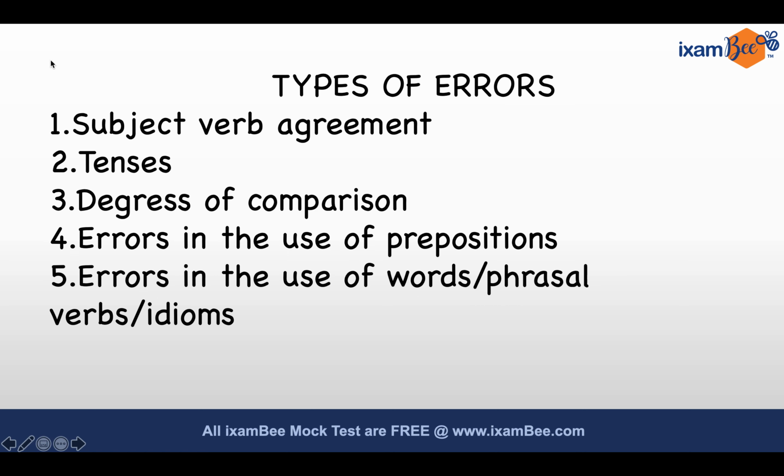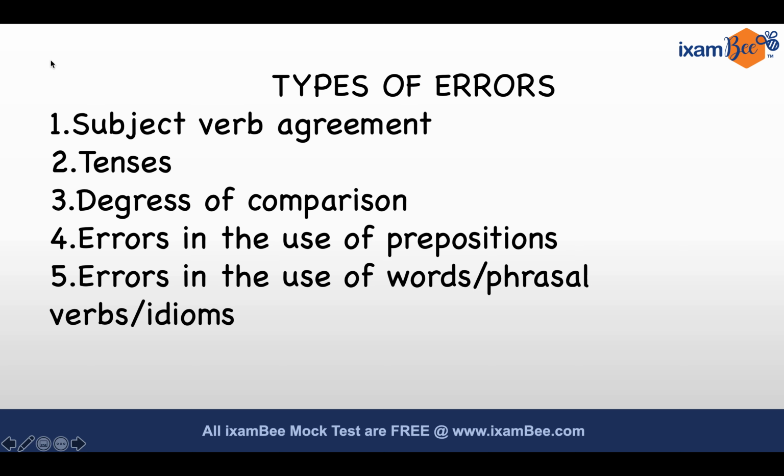Okay, so if you ask me what the types of errors are, there are different types of errors. I think there can be 7 to 8 types, but let's look at the common ones, right? The first thing that features in the list would be subject verb agreement. Subject verb agreement is a very important part of error detection.